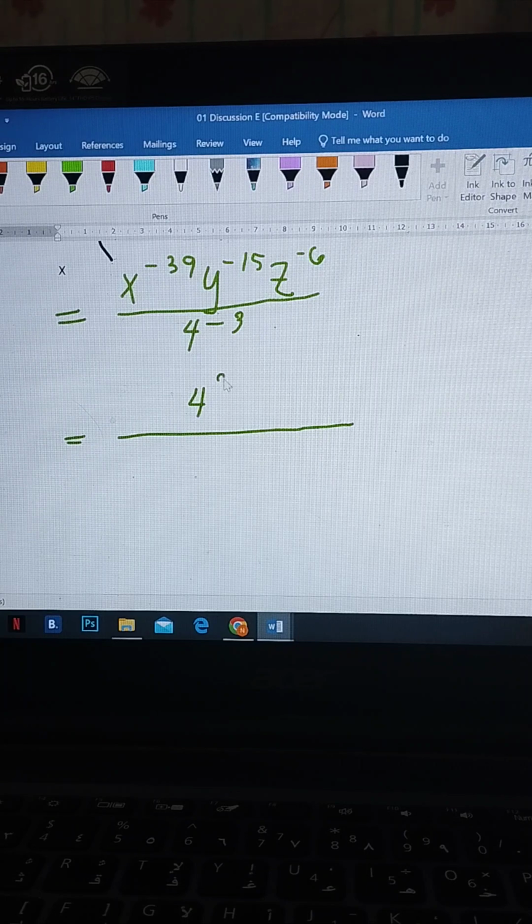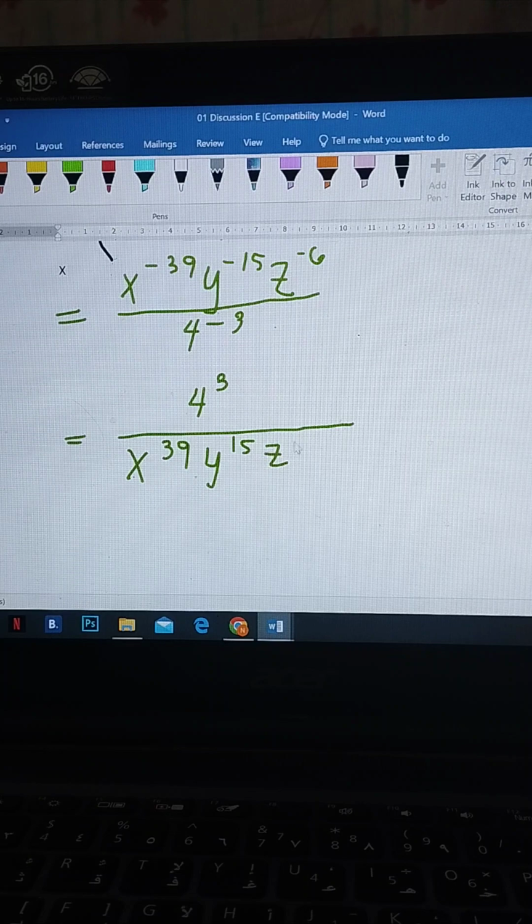So 4 raised to 3, x raised to 39, y raised to 15, then z raised to 6.